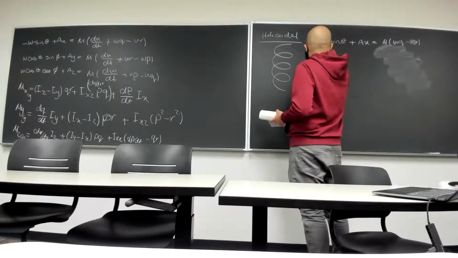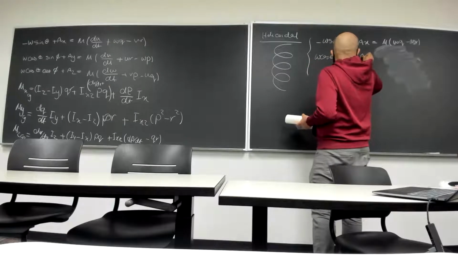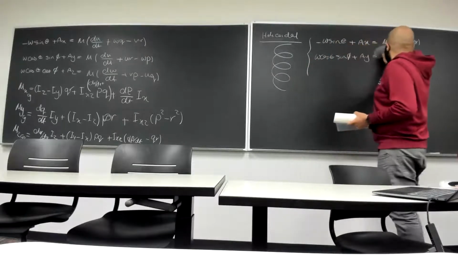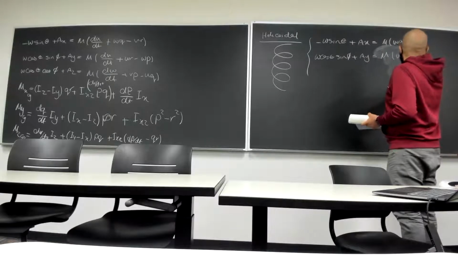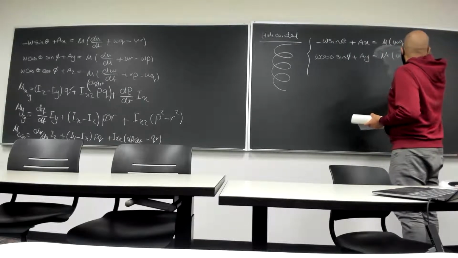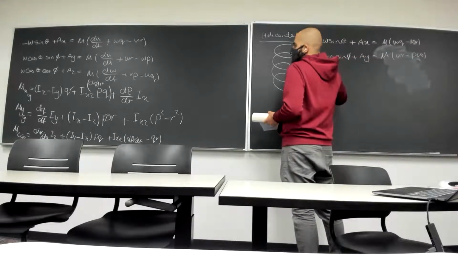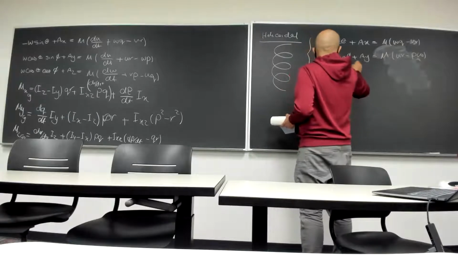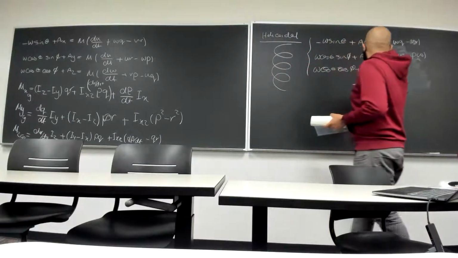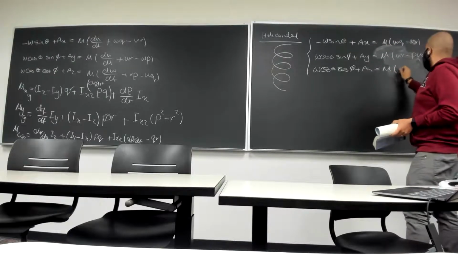W cosine theta sine phi plus AY equals m times UR minus PW. And this last term, W cosine theta cosine phi plus AZ equals m times VP minus UQ.